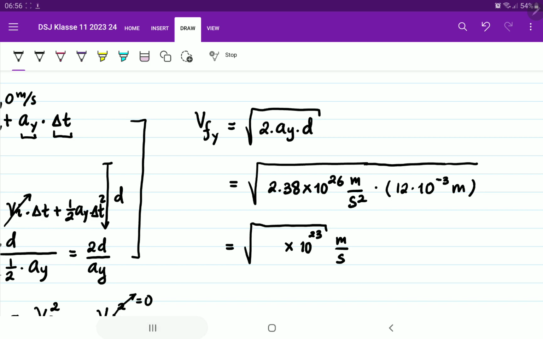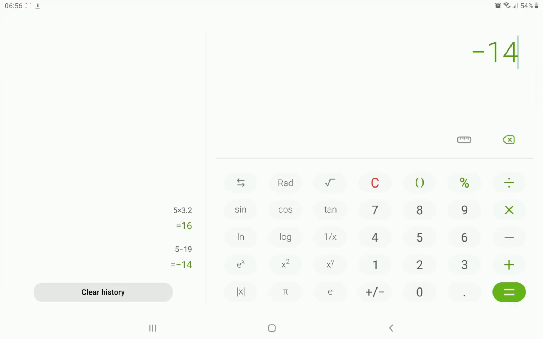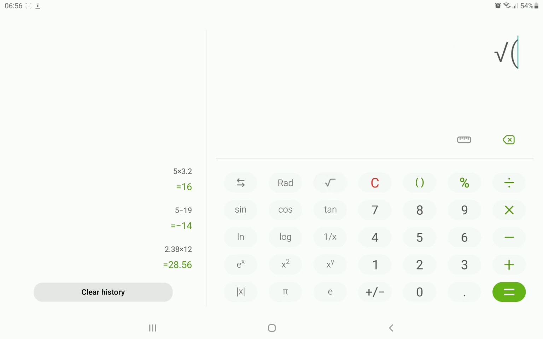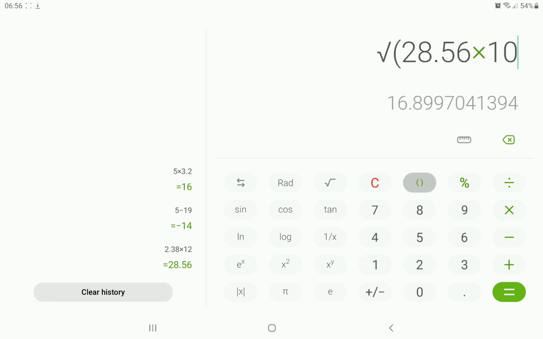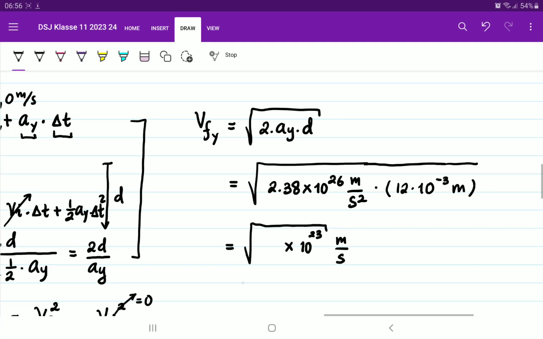I'm going to calculate 2.38 times 12, which is 28.56. But then I need to take the square root. Maybe I need to multiply it by 10, giving 16.899.